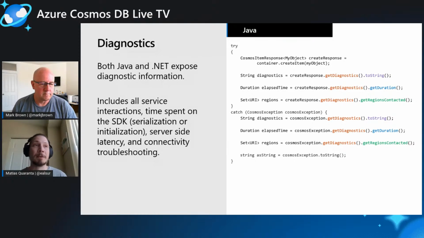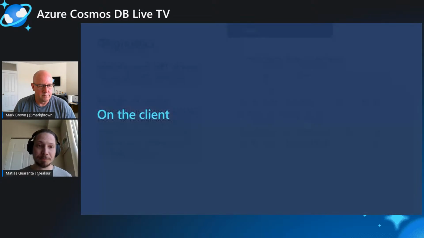Maybe you are providing a service to someone else, and you have an SLA to enforce on your own service, which also uses Cosmos DB. If you have an operation that took longer than your SLA, you might want to capture those diagnostics and understand what went wrong on that request. That is information we will use in the next couple of slides to start troubleshooting potential issues.